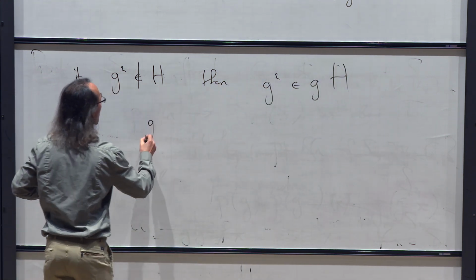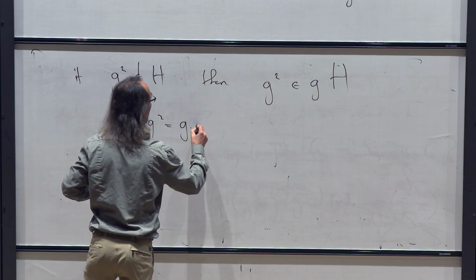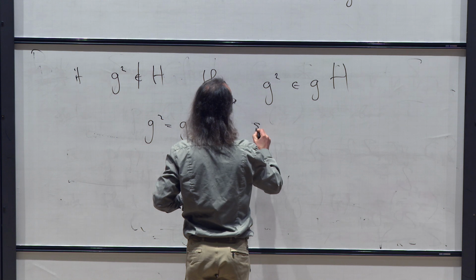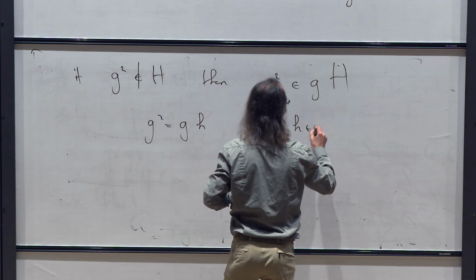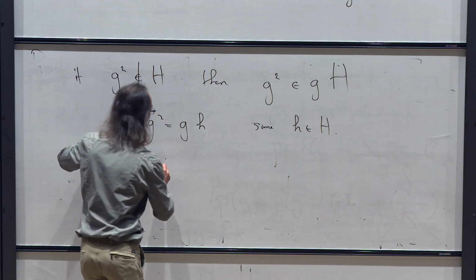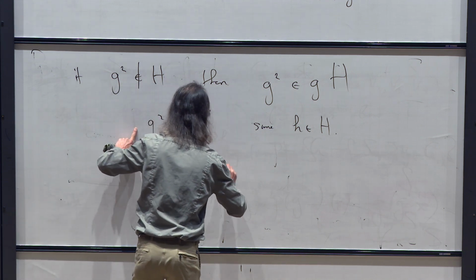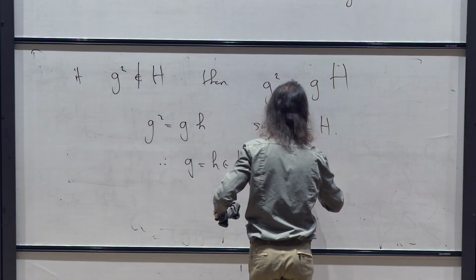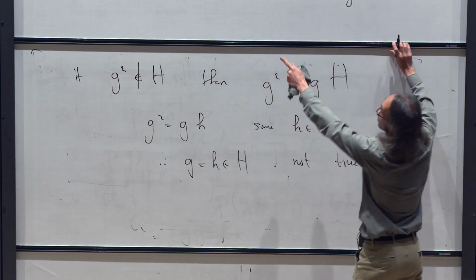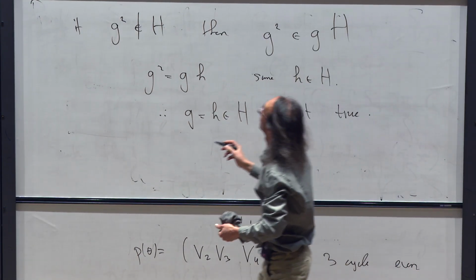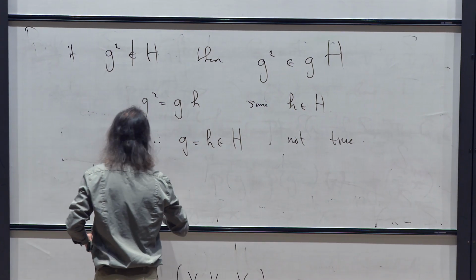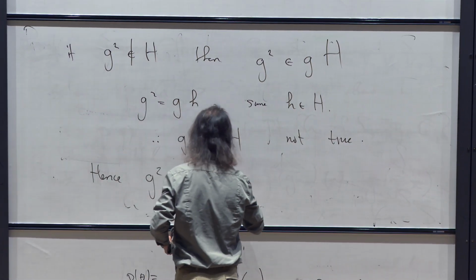But this means that g squared must be equal to g times h, for some h in H. But now we can cancel g and deduce that g is equal to h, which is in H, which is not true, because we assume g is not in H. So hence g squared must be in H, as claimed.